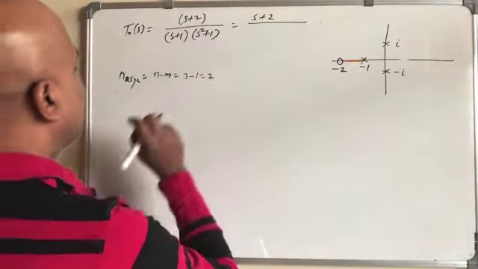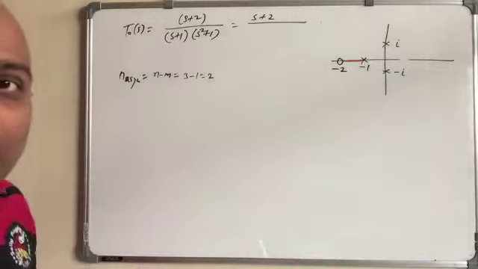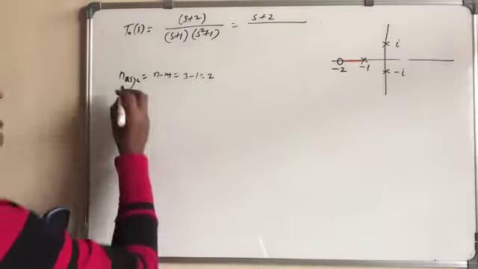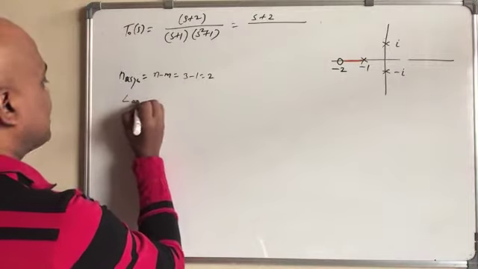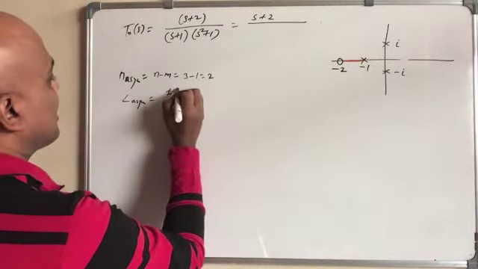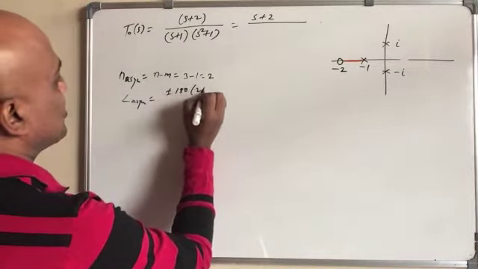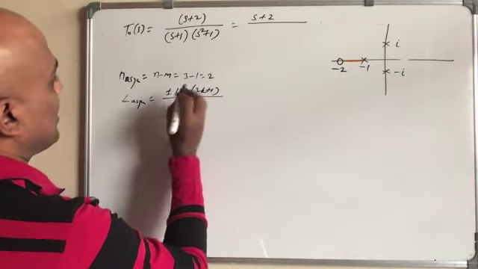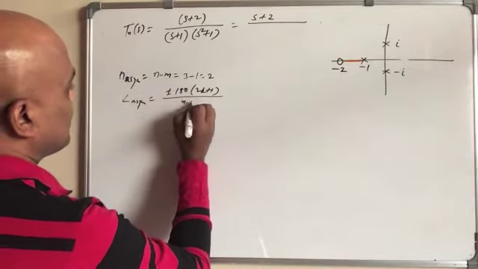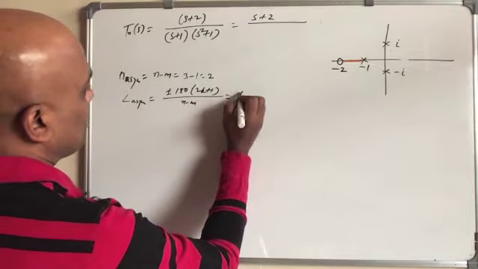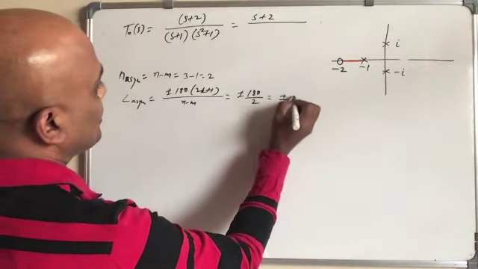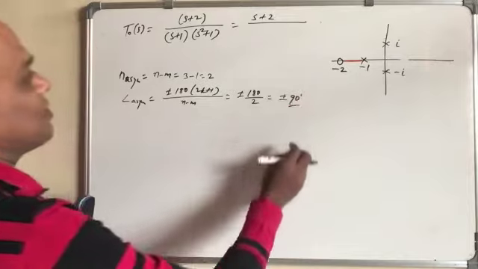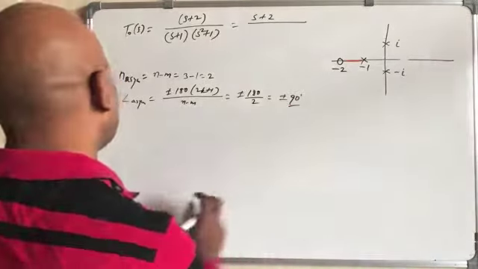So there are two asymptotes. Now we have to find out the angle of asymptotes equal to plus minus 180 degree, 2k plus 1 divided by n minus m. So in this case plus minus 180 degree divided by 2, or plus minus 90 degree only. So we know that it is going to be 90 degree.